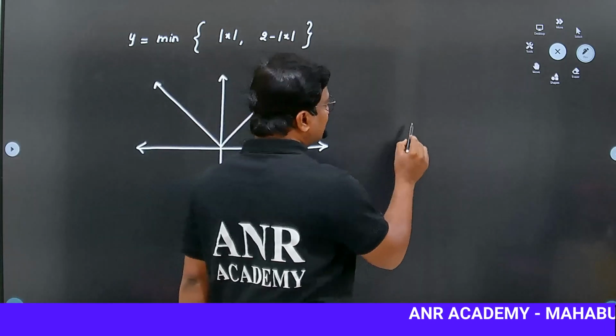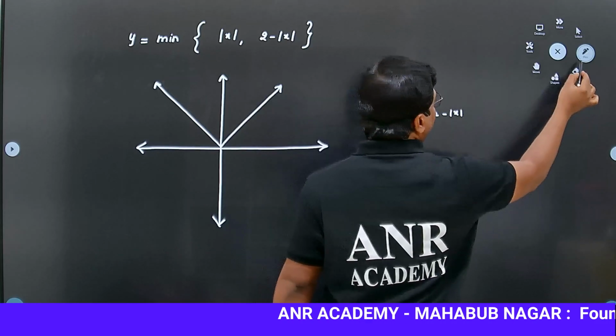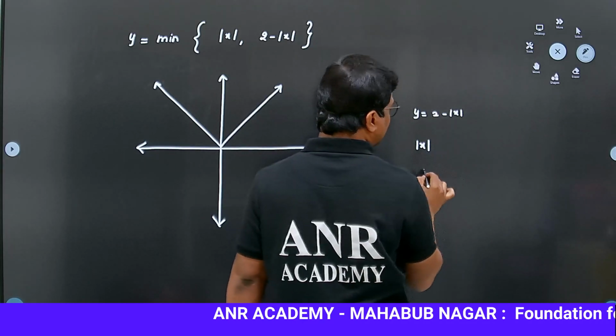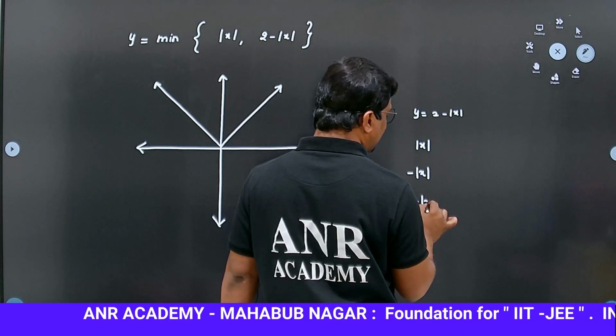Next, the second one, the graph of 2 minus mod x. First mod x, next the transformation minus mod x, and then addition of 2.